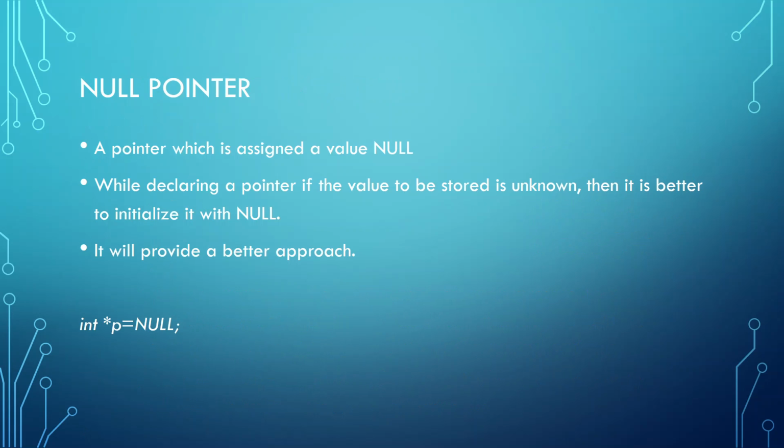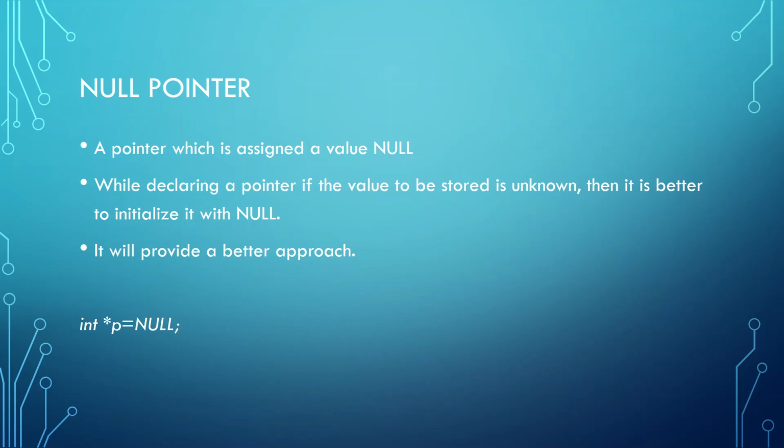Next, this is about null pointer. Just like you initialize some integers with 0 or an initial value, if you want a pointer to be initialized to something which is not existing at that moment, then you can use the null pointer. You don't know what the real value to be assigned is, so you just declare the pointer variable and assign it an initial value called null.